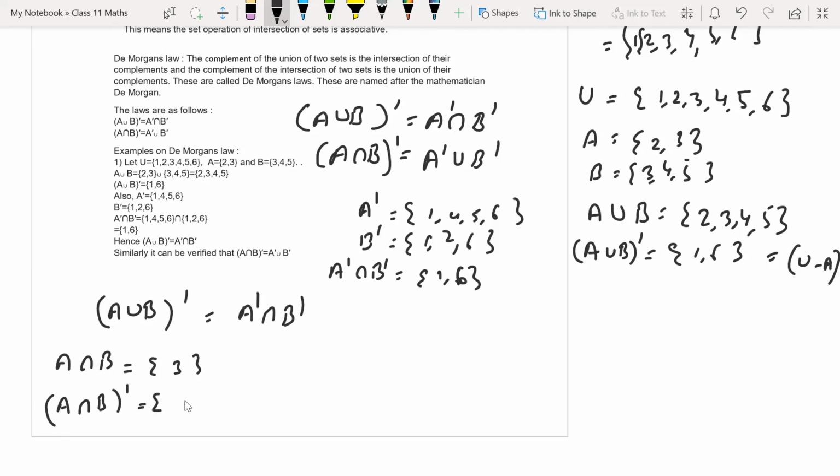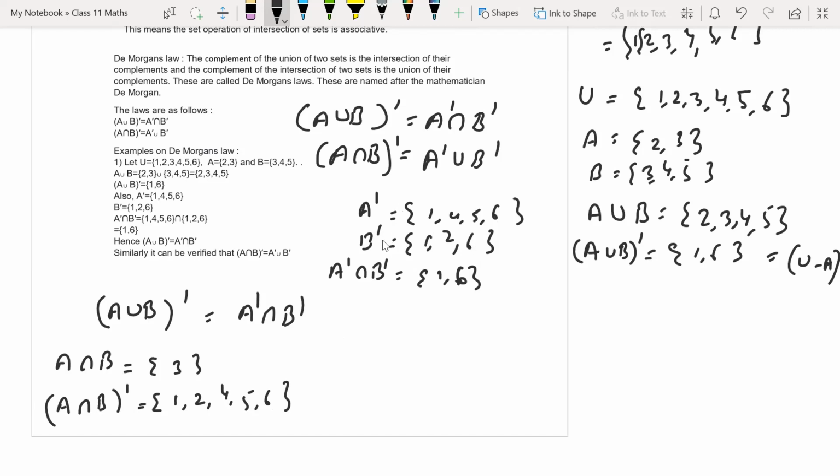The complement is 1, 2, 4, 5, 6. A complement is 1, 4, 5, 6. B complement is 1, 2, 6.